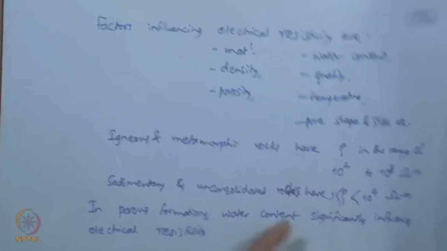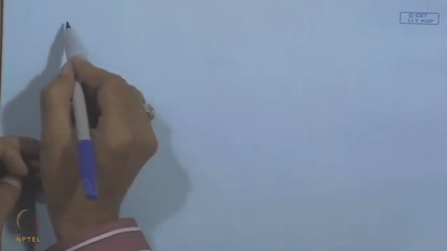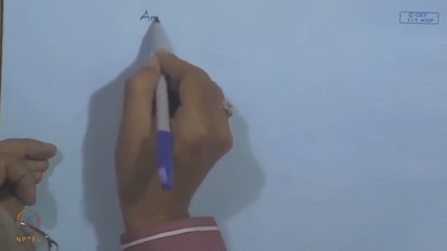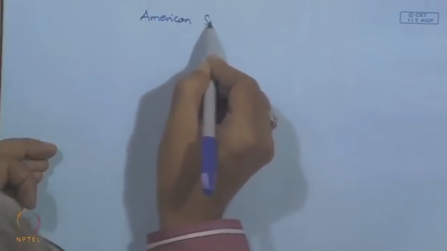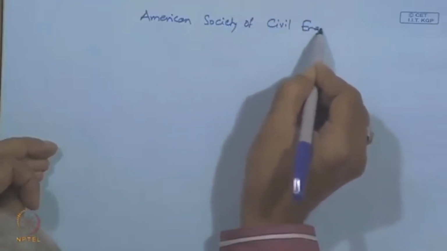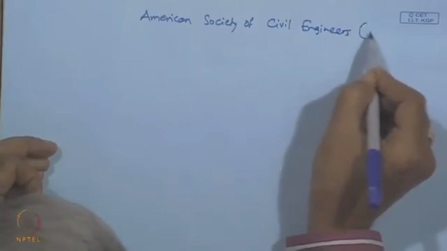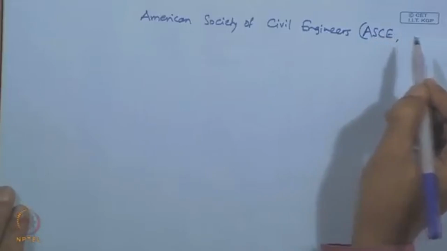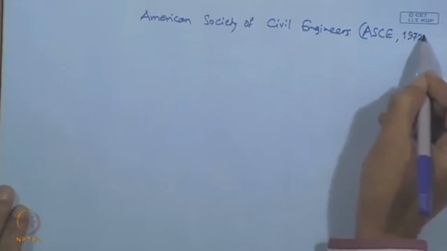The American Society of Civil Engineers has given the representative variation ranges of electrical resistivity, in one of its documents published in 1972.